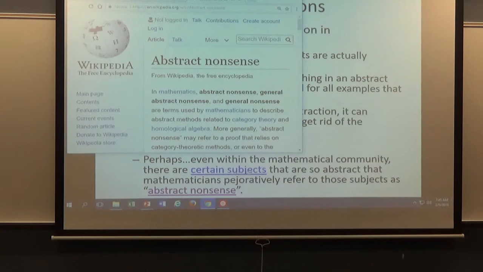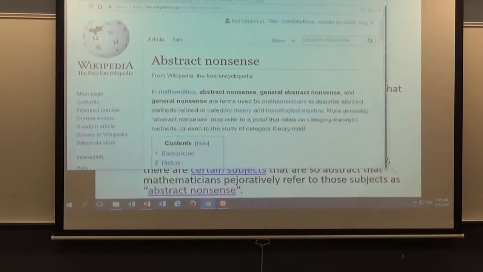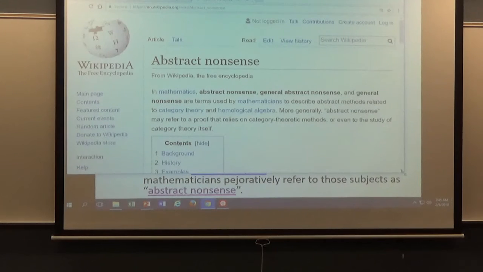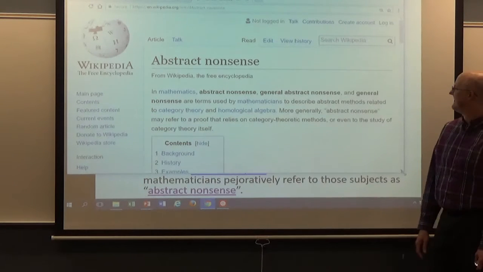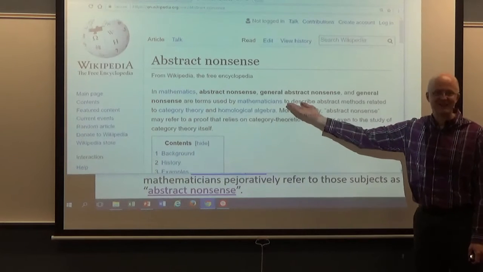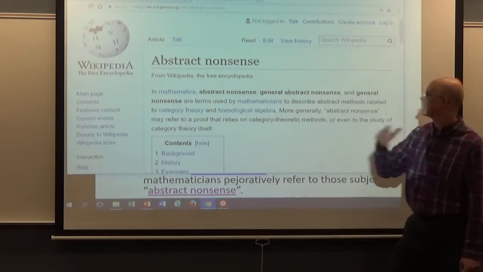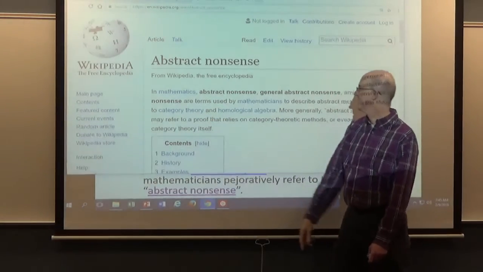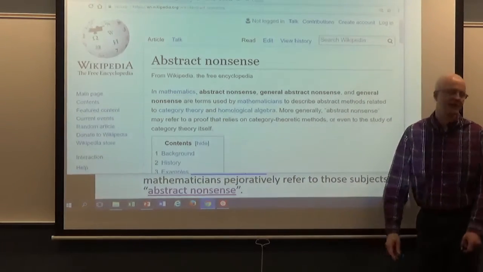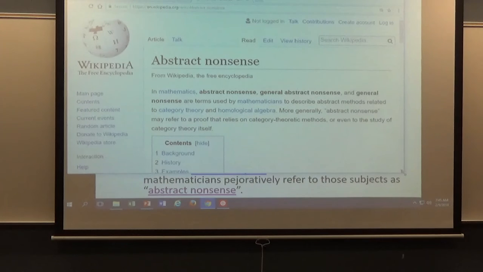It is talking about terms used by mathematicians to describe abstract methods, especially in something called, here's the big one actually, category theory, which is related to this other one, homological algebra. Category theory was the other link in there.